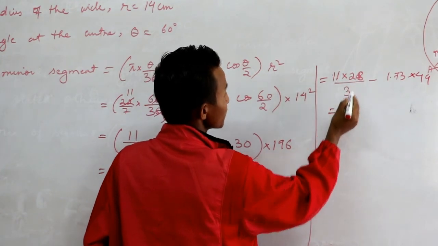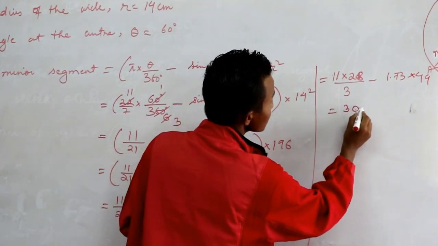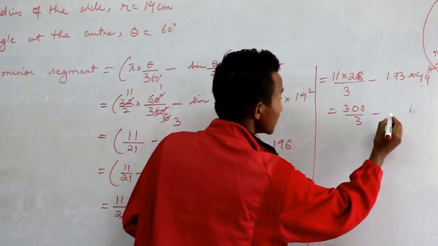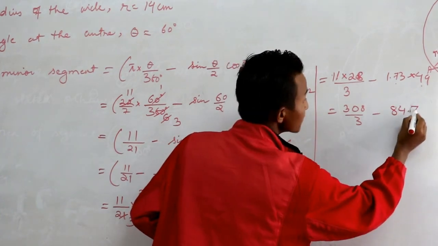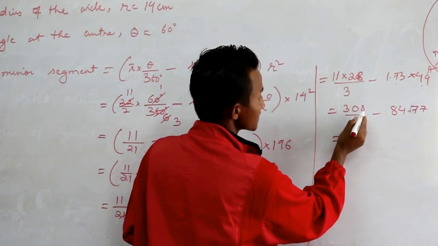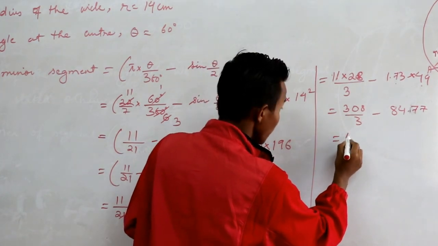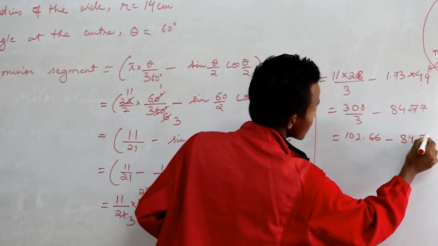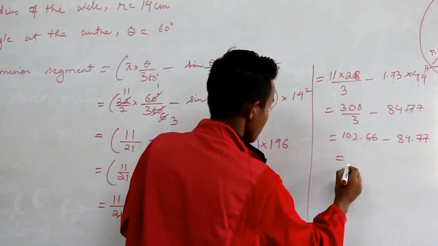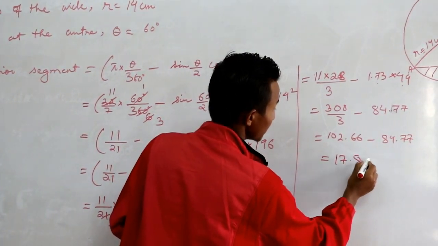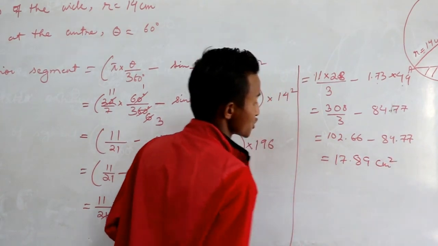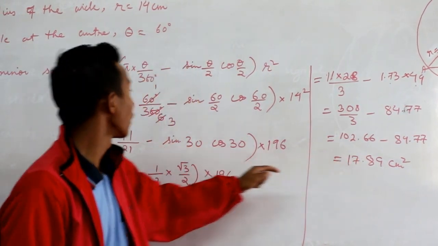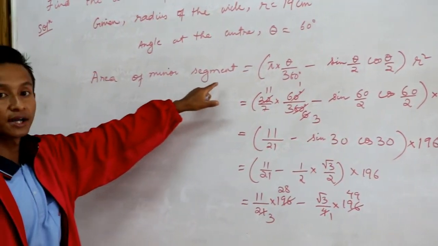If you multiply this number with this number, we get 308 divided by 3 minus, and if you multiply this and this, we get 84.77, and if you divide this number by this, we get 102.66 minus 84.77. So if you subtract this, we get 17.89 centimeter square. So this is the value of the area of a minor segment, right?